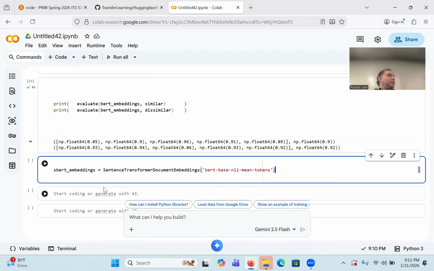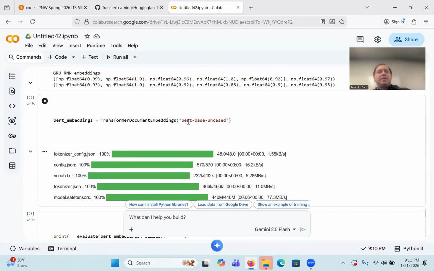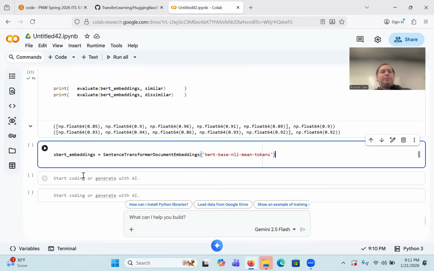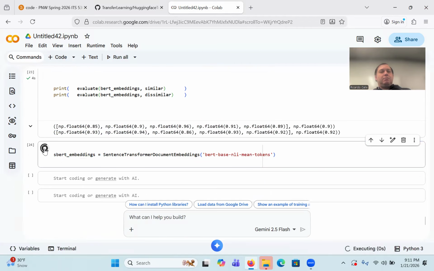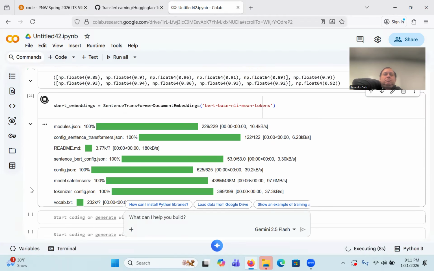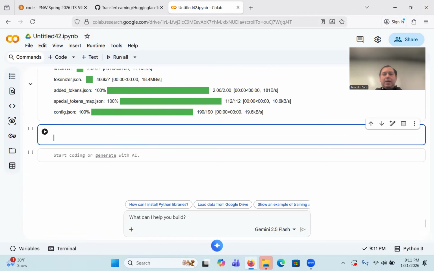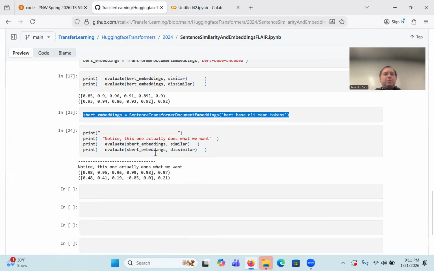So this one's a little bit more specialized as a model than this one. So let's run it. Okay, it's loading. Okay, and now the moment of truth.